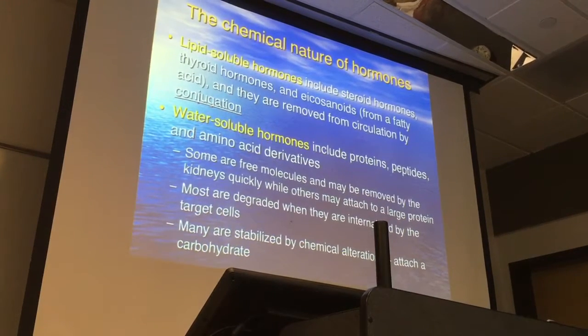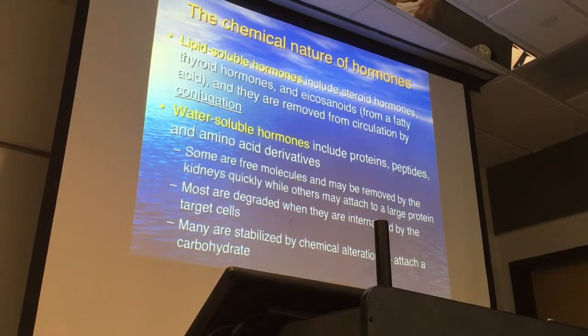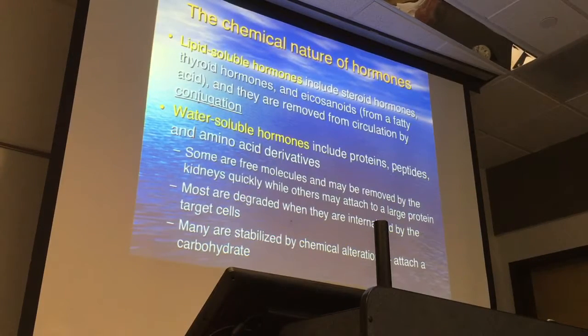You see these two classes have a lot of different properties. Which one persists in the bloodstream more? Lipid-soluble. Which ones have a big reservoir? Lipid-soluble. Which ones would have the shorter half-life and be able to be turned over?